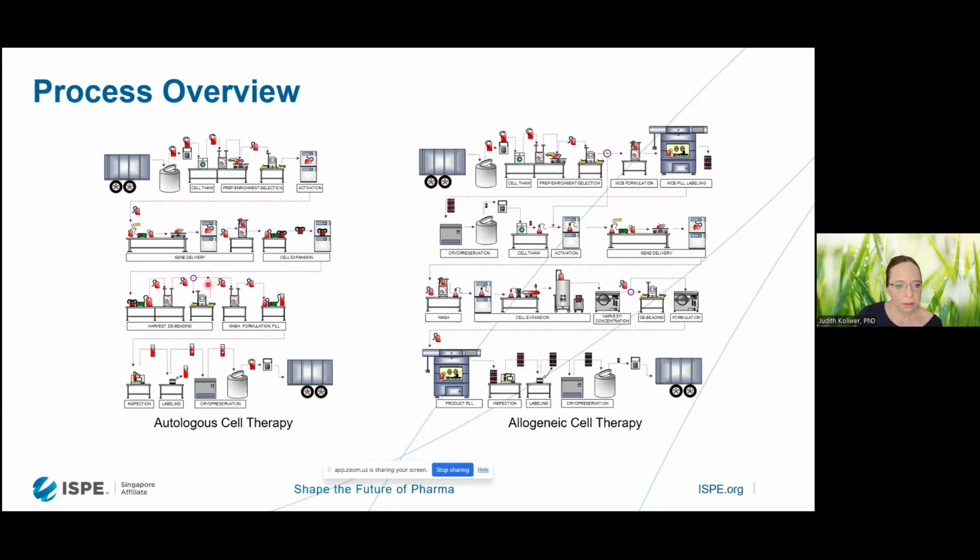The main difference that we try to indicate here is, of course, the scale. As Stephen already mentioned, here we are talking more about 200 milliliter cultures. Here we are talking maybe 1,000 liters, something along those lines. Honestly, I think we also see a lot of development right now when it comes to the actual scale up in the allogeneic space.